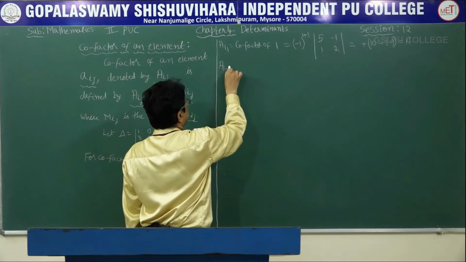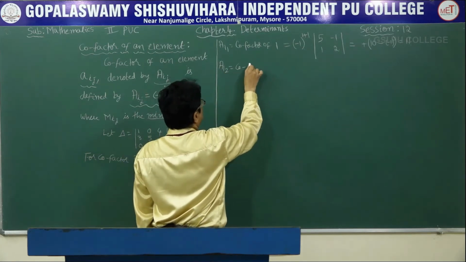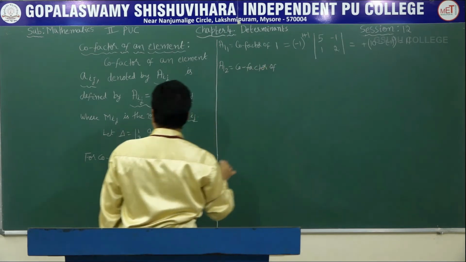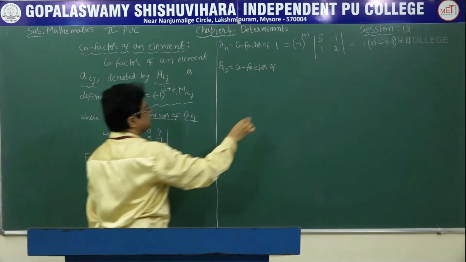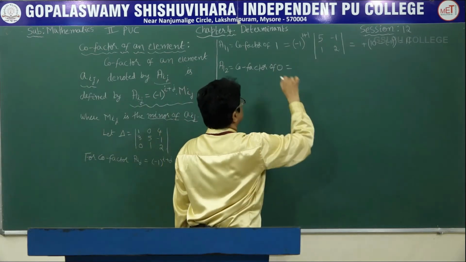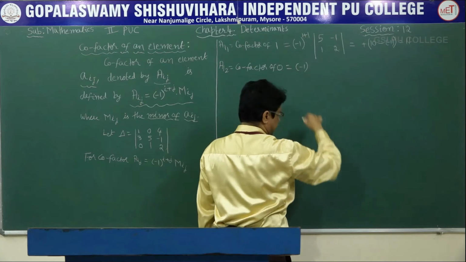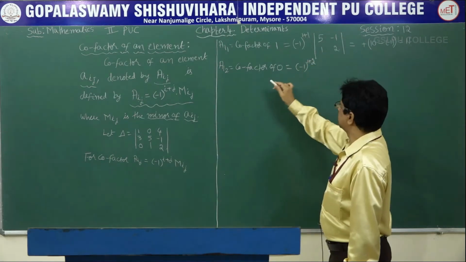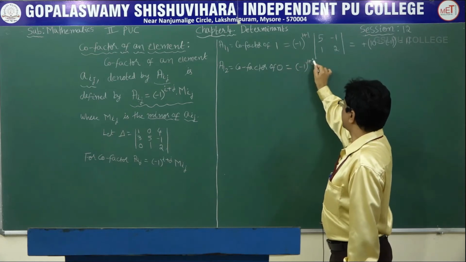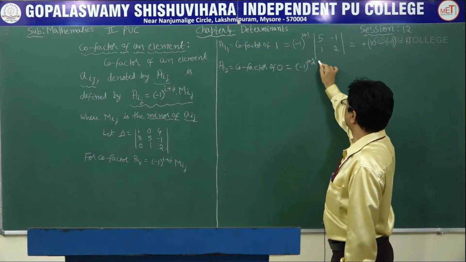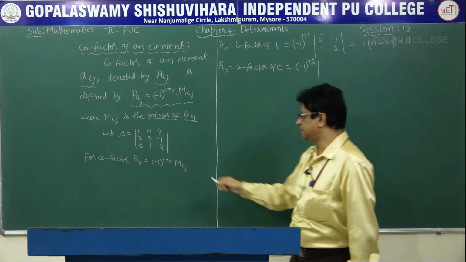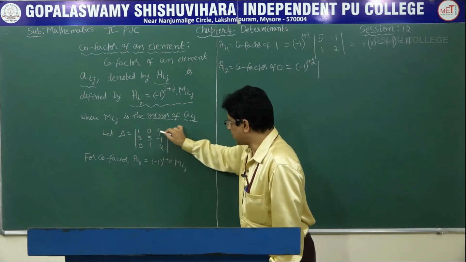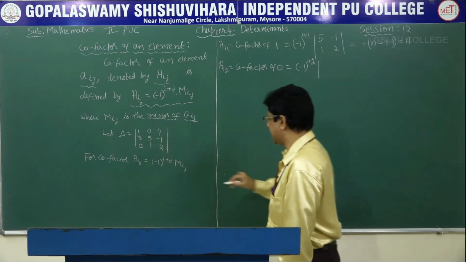So A12, which is equal to the cofactor of 0, will be equal to (-1) to the power of 1 plus 2, because this 0 lies in the first row and second column, into the determinant of the remaining elements.